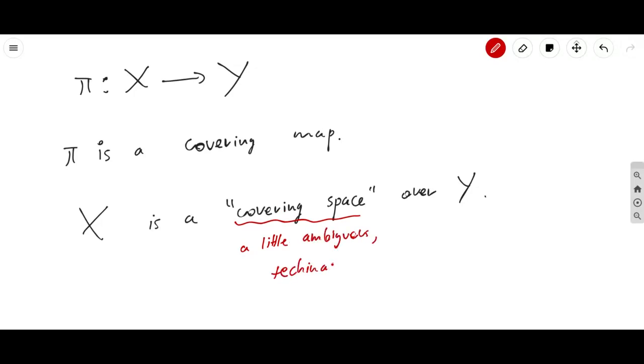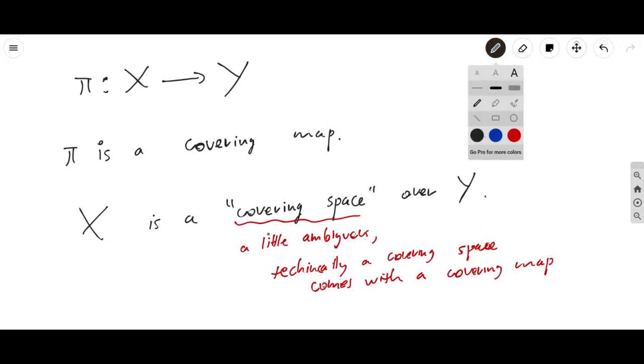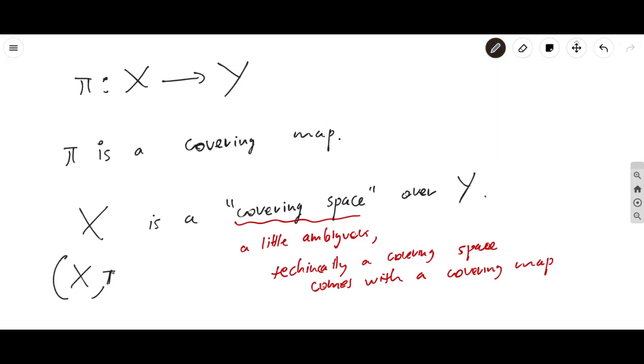Technically, a covering space comes with a covering map. So more appropriately, you would say X together with this mapping pi is a covering space. You would not say that a space itself is a covering space. You really have to say a space together with a map is a covering space. But then you can just write something like that down and say it's a covering map. So it's just some terminology.